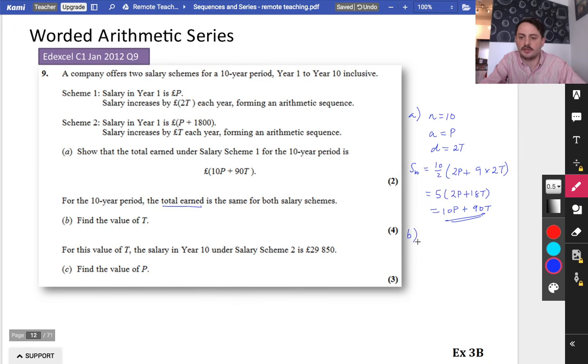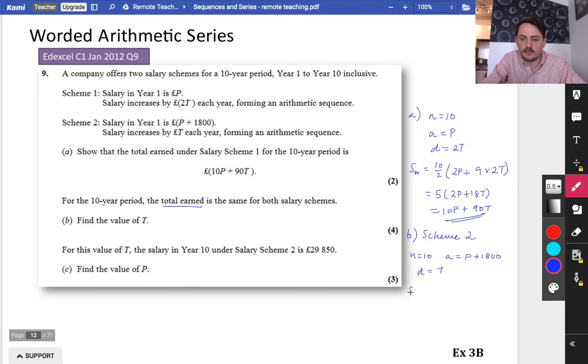We need to find out how much is actually earned in scheme 2. So for scheme 2, again, n is 10. Apart from this time, the starting amount is p plus 1800, and the common difference is just t.